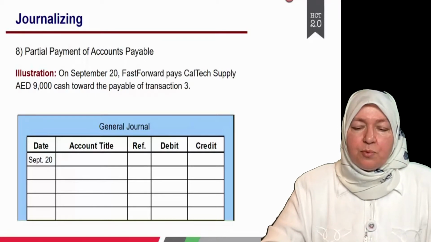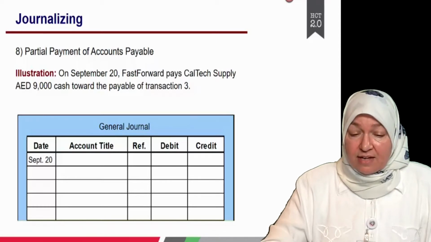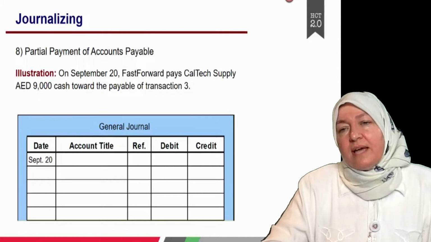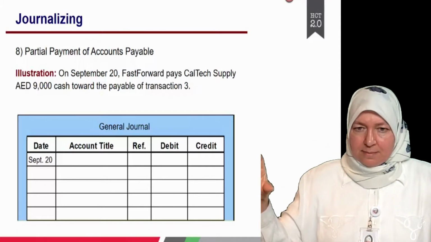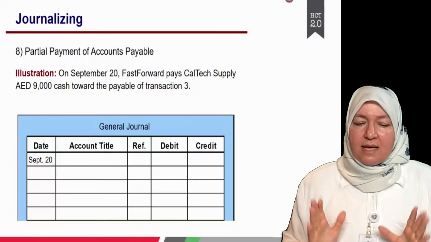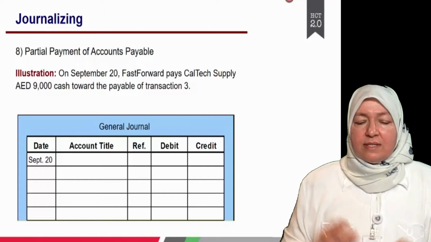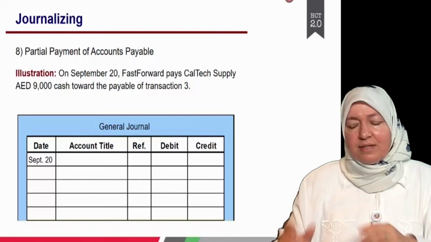Now, on September 20, Fast Forward pays Coltech Supply 9,000 cash toward the payable of transaction number 3. So now cash, we'll start with cash. Cash is an asset, its normal balance is debit, and now cash is paying. The payable pays. So it's paying, that means it's decreasing, so it would be credit, correct.